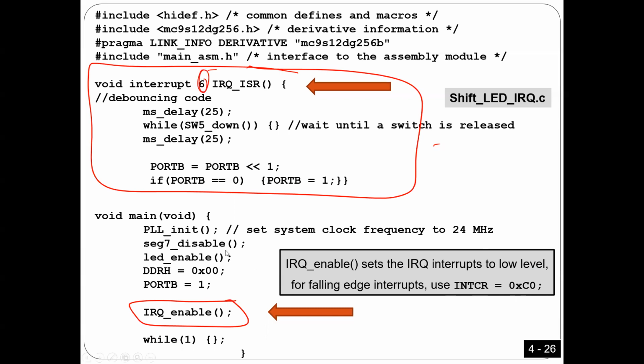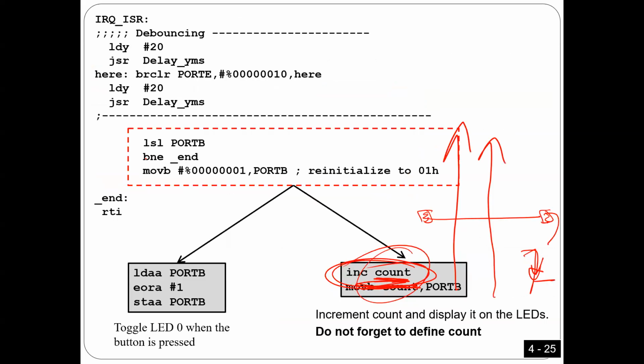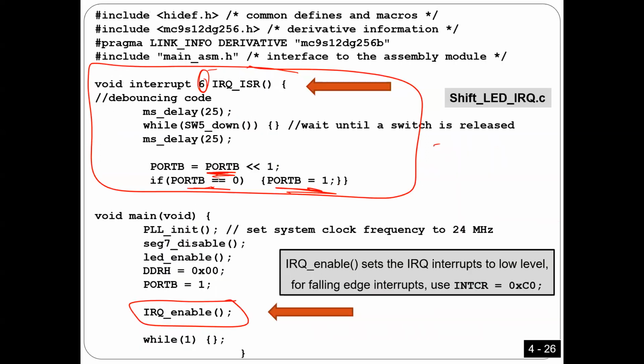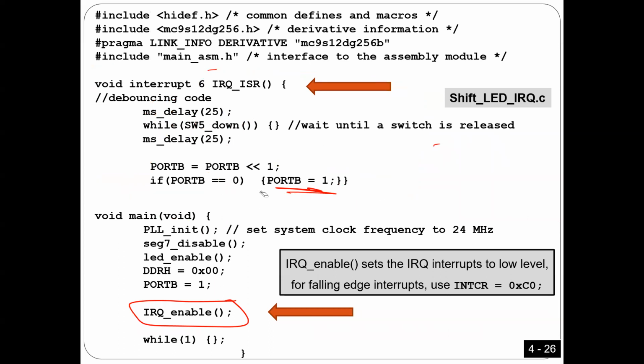Then for the code here, every time you execute this interrupt subroutine, I'm going to shift to port B, and then if port B is equal to 0, I'm going to make it 1. So these two instructions are exactly similar to the assembly code I used here. Number 1, shift. If it is 0, make it 1. I'm going to talk about this one later. Just forget it for now. Any question, guys? Is that okay?